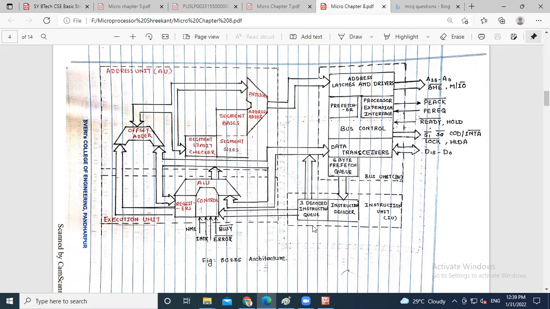Let me remind you what we have studied up to now: first the 8085, second the 8086, and then the 8259, 8257, and 8255.